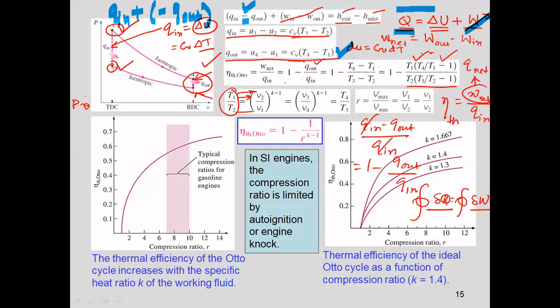So PV to the power gamma is equal to constant for isentropic process. And for the equation of state, what is that? Equation of state, PV by T is equal to constant. That means between two states, if you consider, the PV by T here and PV by T here, they are same.